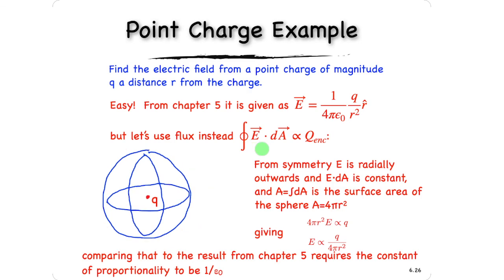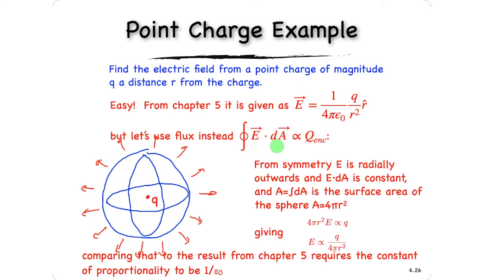Therefore, the left side of this expression, if the electric field is constant magnitude everywhere, and it's always pointing outwards, and our area vector we define as pointing outwards as well, then this dot product is just E times A. The electric field at a distance of r times the area. When I integrate, the electric field is constant, so I can bring it outside the integral.